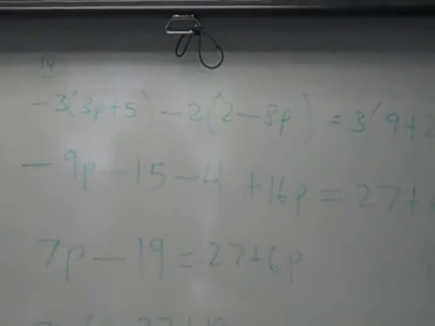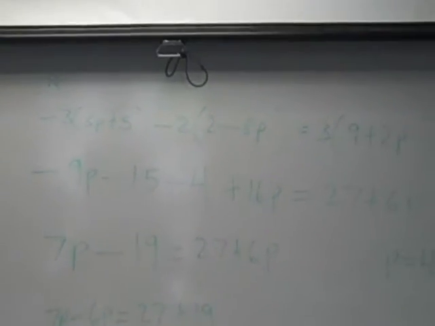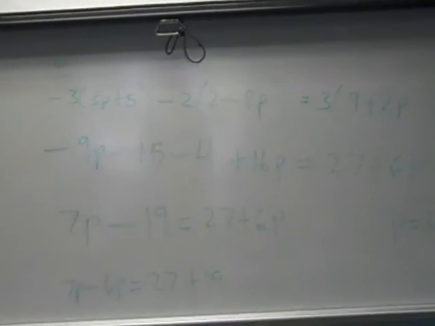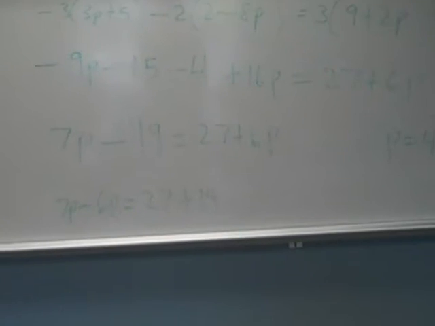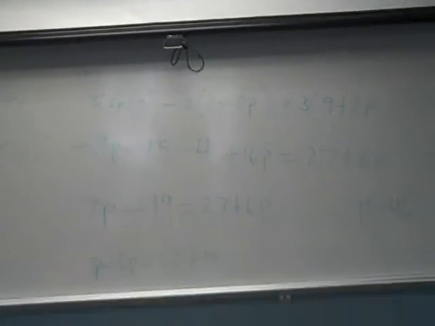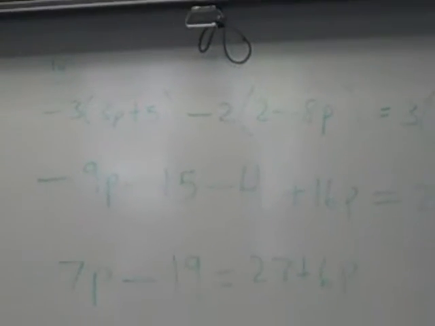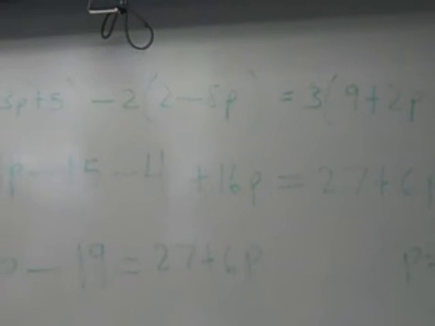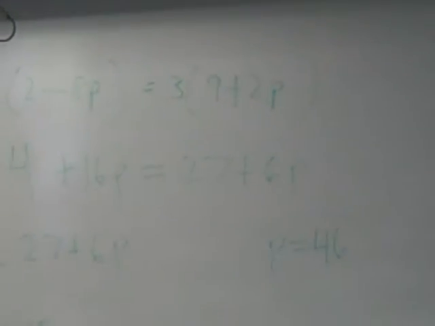And then that's going to equal 3 times 9 plus 2p, and that's all on the right side. The glare is unbearable here. So we got negative 3 times 3p plus 5 minus 2 minus 8p equals 3 times 9 plus 2p.